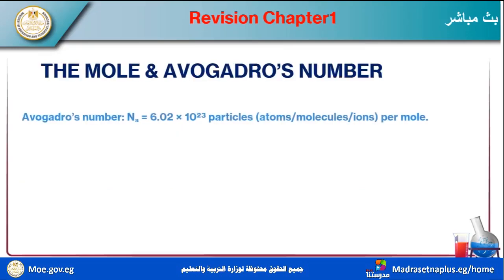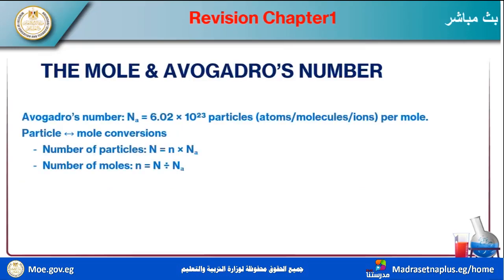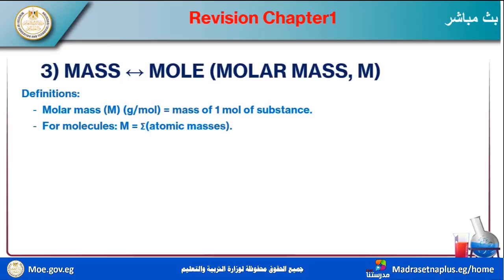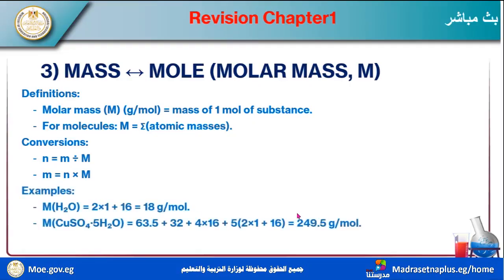Now we can write these examples, and train ourselves on Avogadro's number and calculating volumes of gases, and converting mass to moles using molar mass with these laws. Number of moles equals mass divided by molar mass. If you want the mass, multiply number of moles times molar mass.